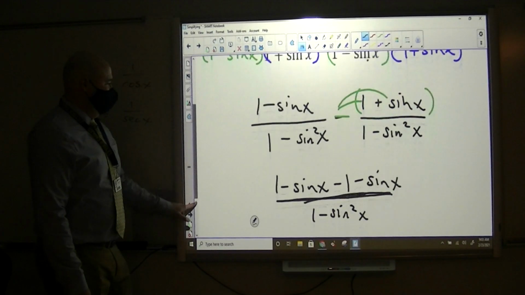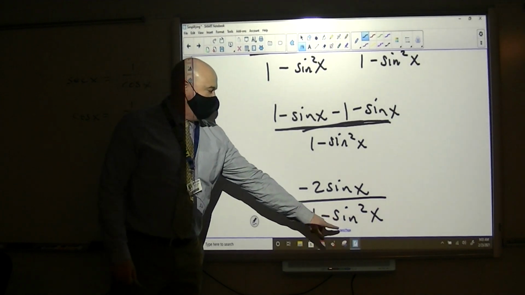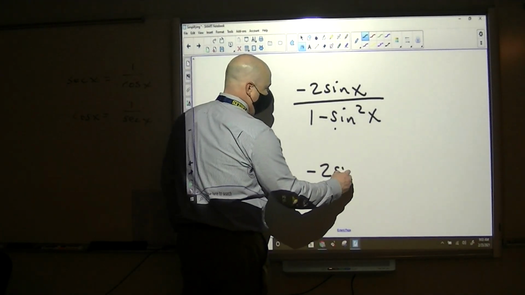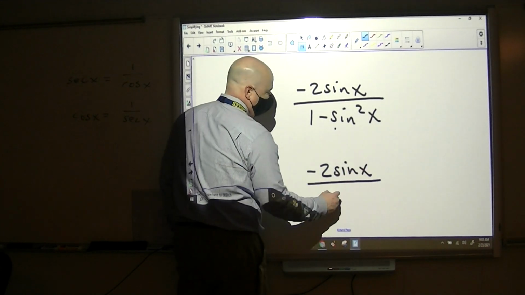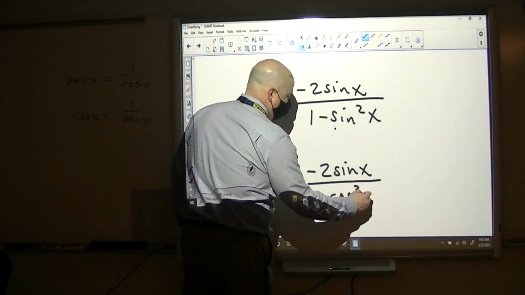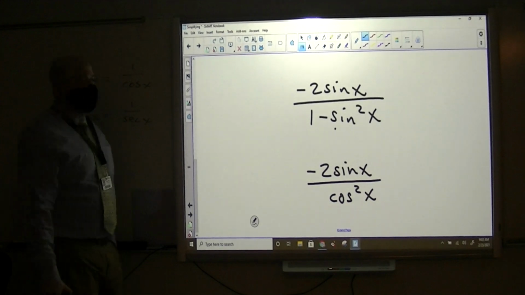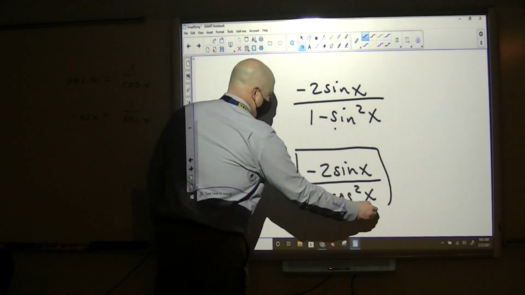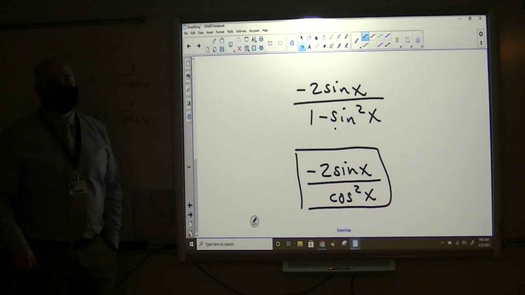So we're going to do that, because I have that statement right there. Negative 2 sine x over cosine squared x. Now, if you stopped here, I wouldn't blame you, okay?